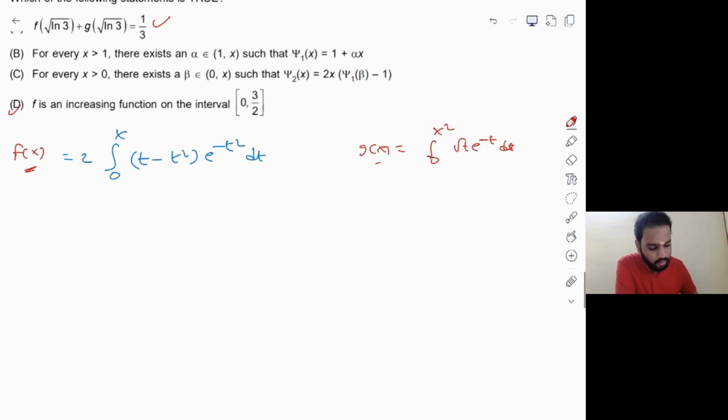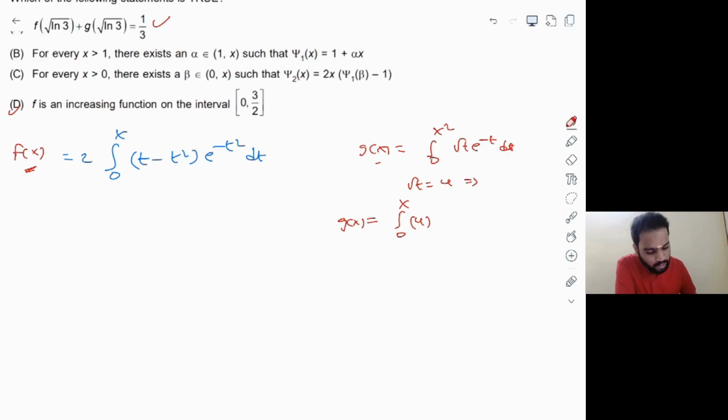That is why in the second function g of x, I'm going to put root t equal to u. So the question changes to g of x equals the integral 0 to, if you put t equal to x square, then u becomes x, the upper limit, and root t is u, multiplied by e power minus t.